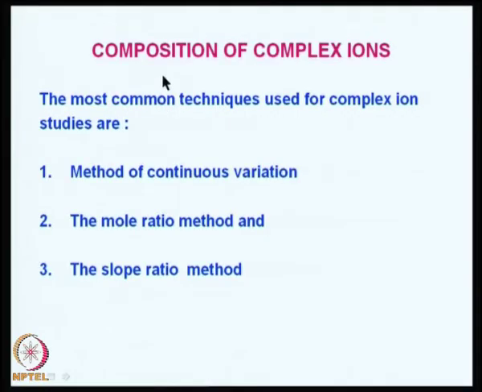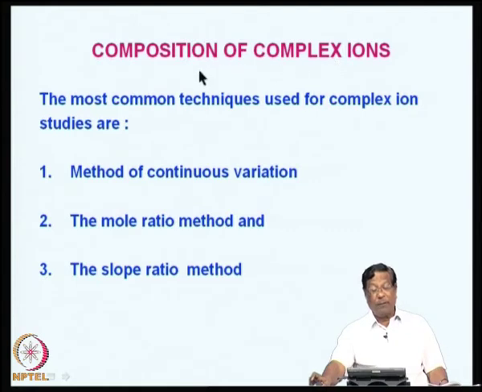Now, we will go to another aspect of the use of spectrophotometry. This involves the composition of complex ions, because in normal life we use a lot of complexes in our day to day lives, and sometimes it is important for us to determine the composition of the reactants when the complex forms.